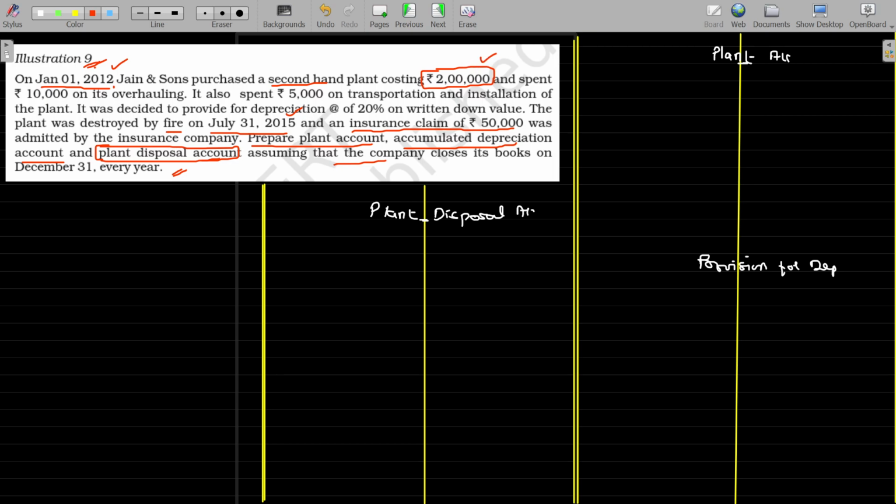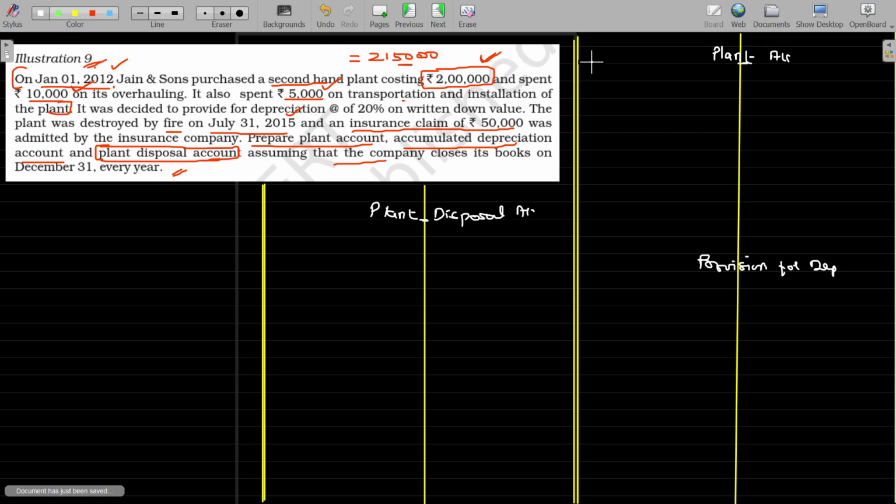So here the plant costs rupees 2 lakhs and they spent rupees 10,000 on its overhauling. It also spent 5,000 rupees on transportation and installation of the plant. So all three values, the cost of acquisition of the second-hand plant, overhauling expenses 10,000 rupees, and transportation and installation 5,000, put together, come to 2 lakhs 15,000. This is the value of the asset.